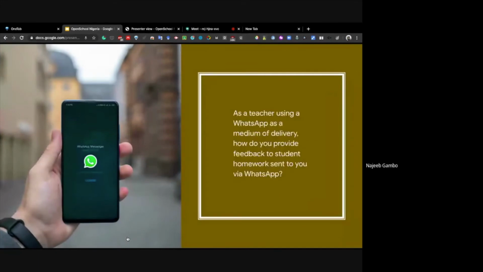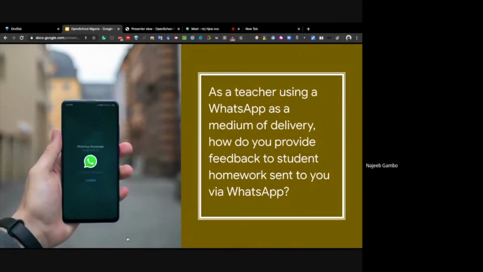So I asked a question here. As a teacher using WhatsApp as a medium of delivery, how do you provide feedback to student homework? Can't you via WhatsApp? So in this scenario, the first thing a teacher is expected to do is learn how to access WhatsApp on his desktop computer.